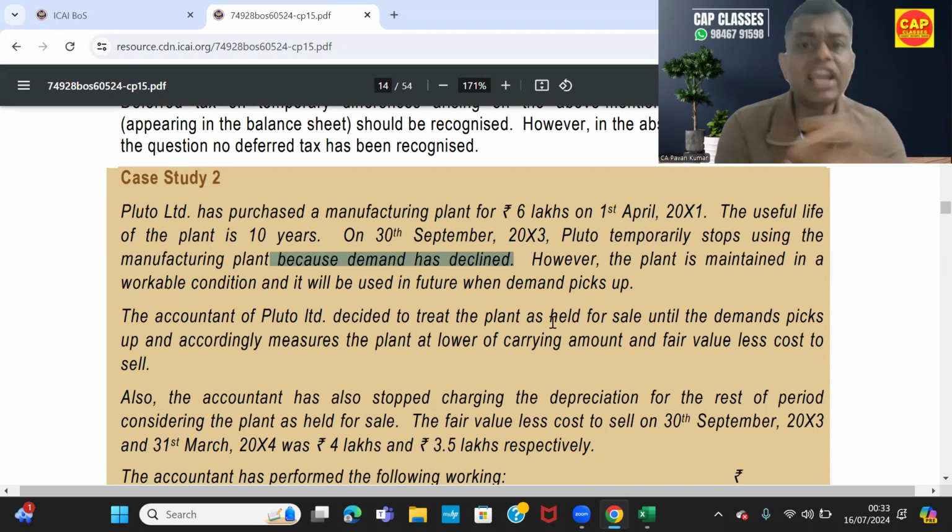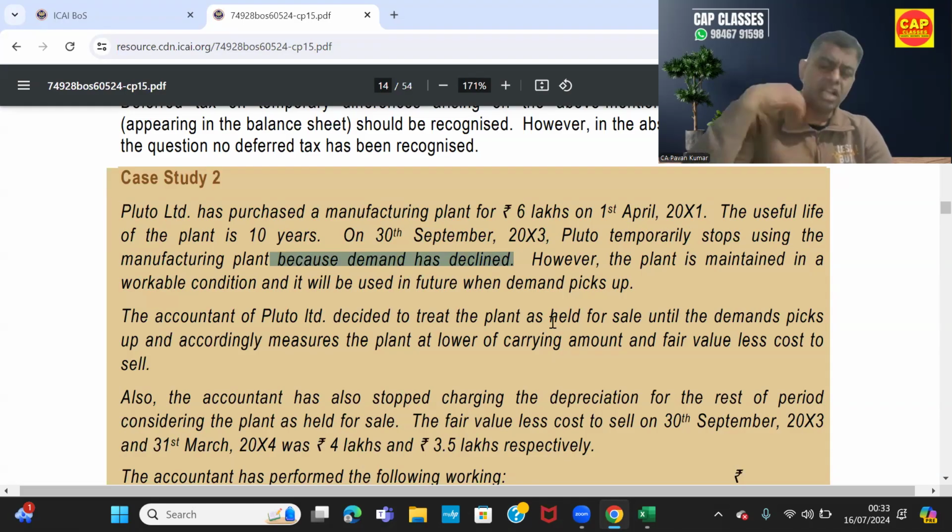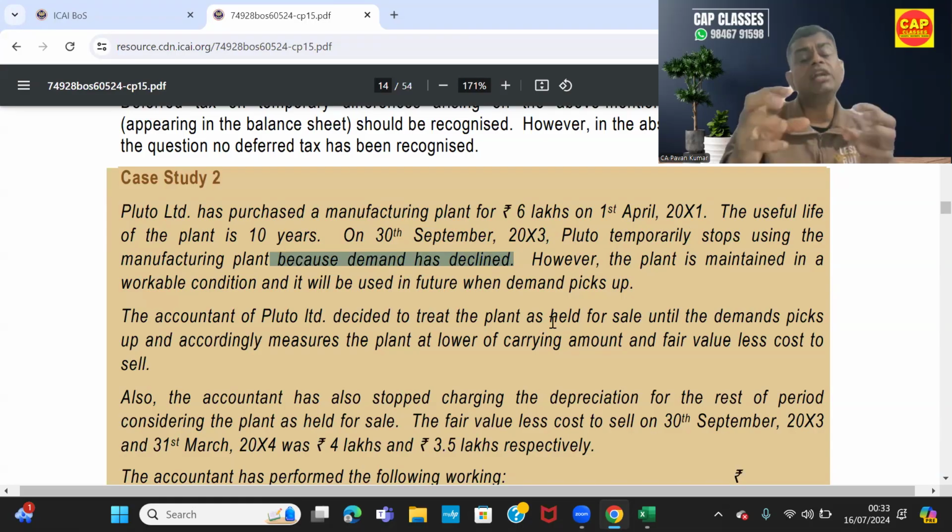Unless you know all the accounting standards, you cannot do this chapter. Because if it is rectification of error, that could be a wrong application of any accounting treatment prescribed by any of the standards. So they are referring to Ind AS 105, non-current assets held for sale, disposal groups.